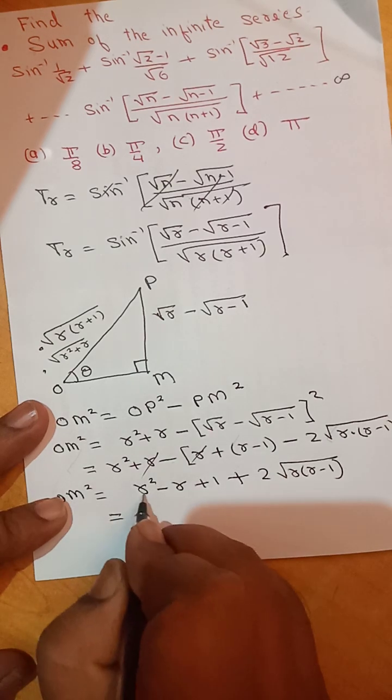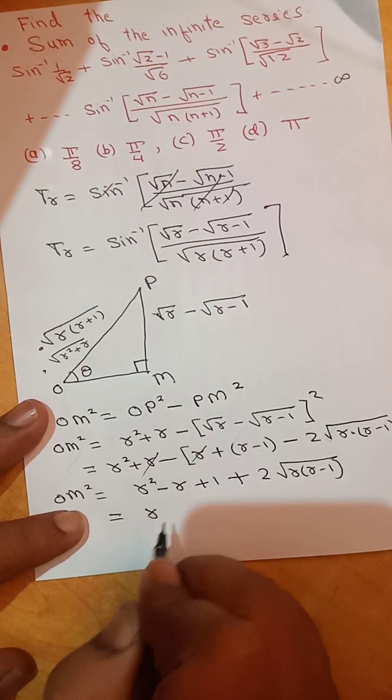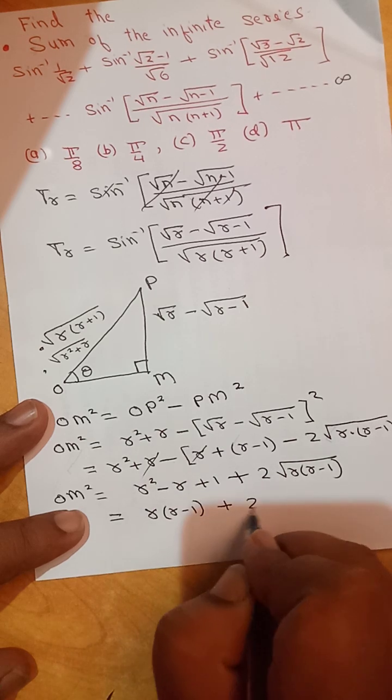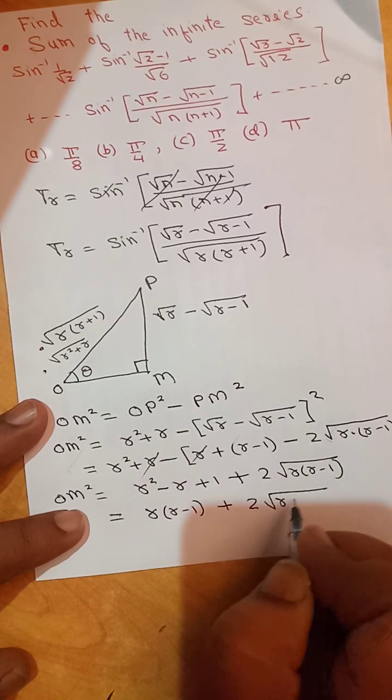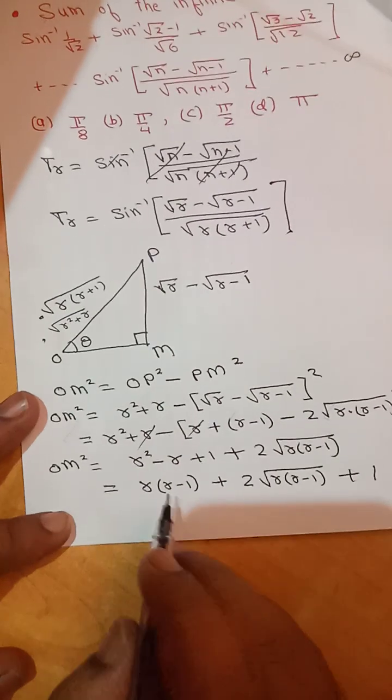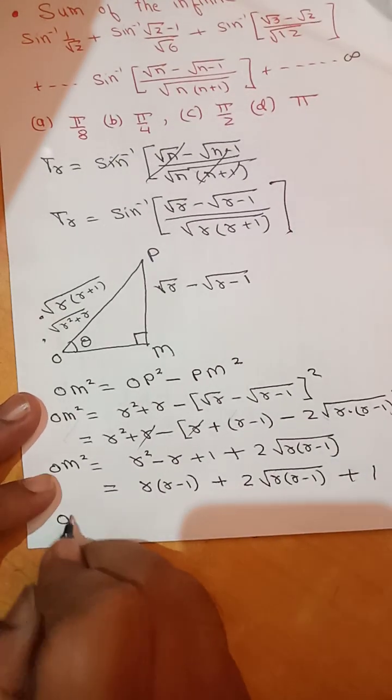Here I will take R common in this. If I take R common, this will be R into R minus 1 plus 2 root of R into R minus 1 plus 1. Here it is in the perfect square format.